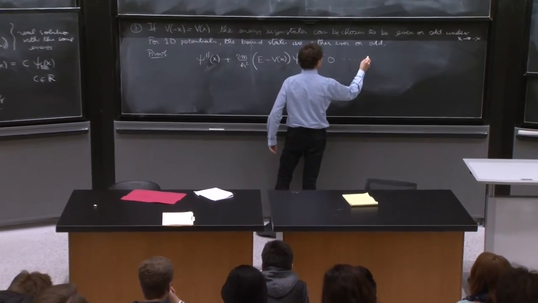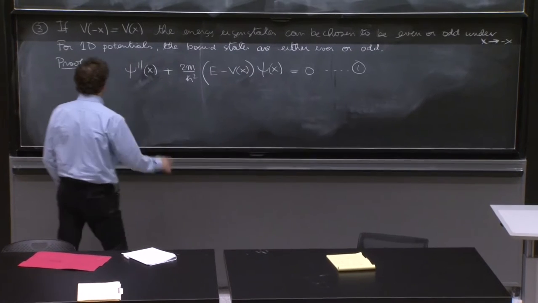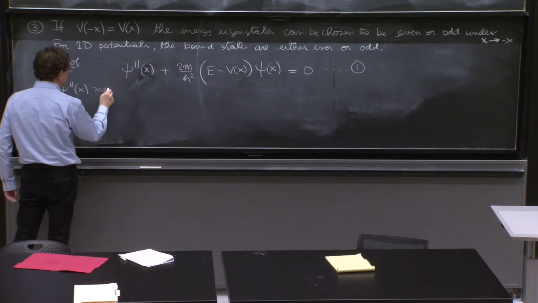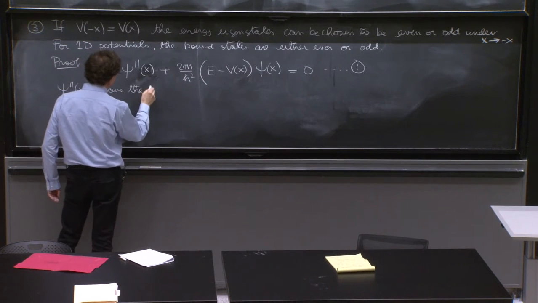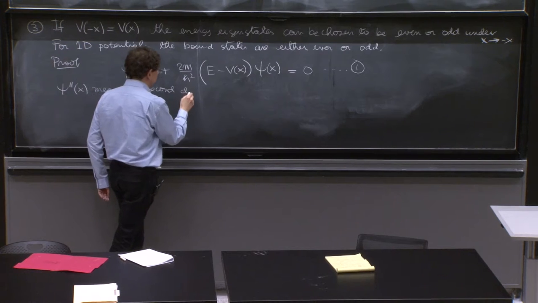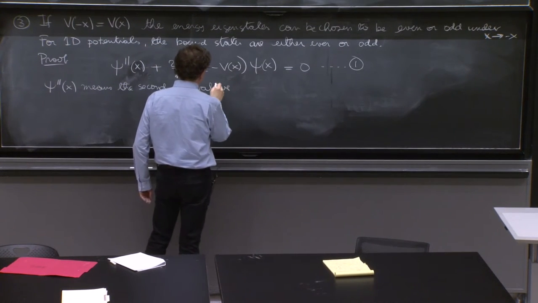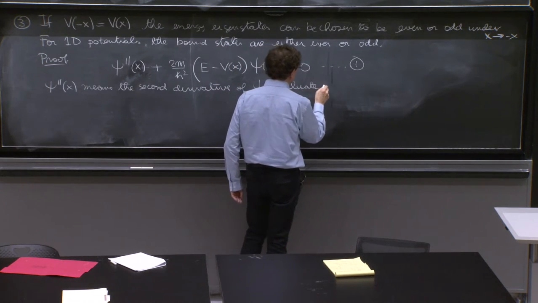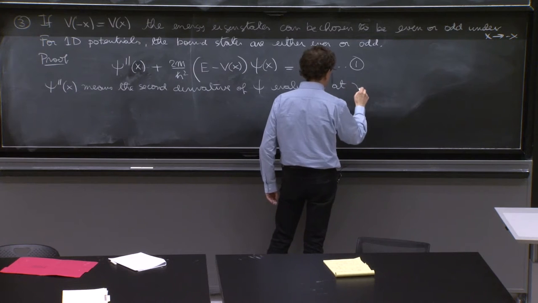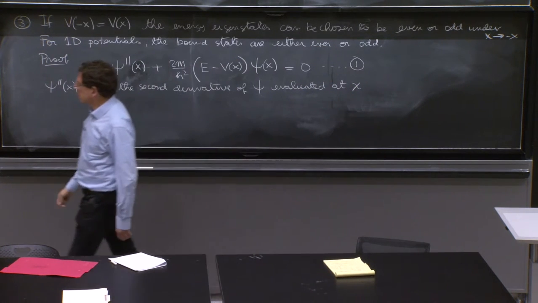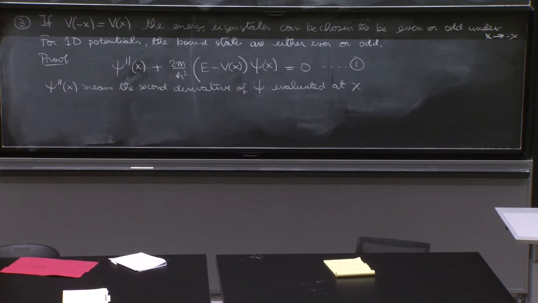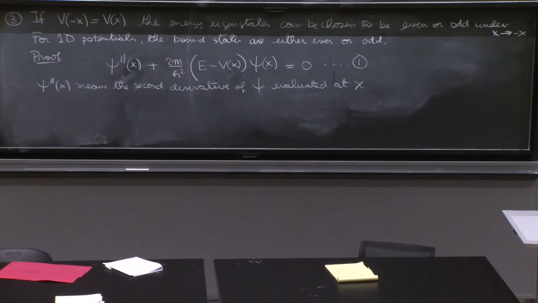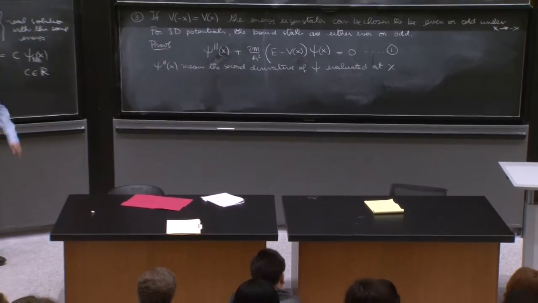So here's equation 1, and psi double prime of x notation means the second derivative of psi evaluated at x. You see, what you want to do is to show that psi of minus x solves the same equation.